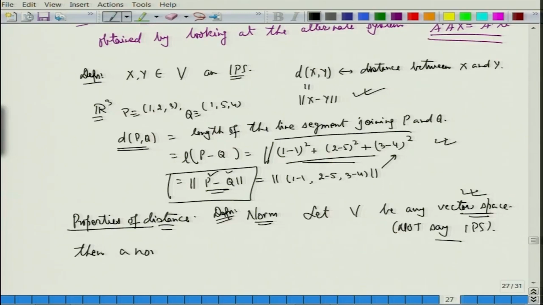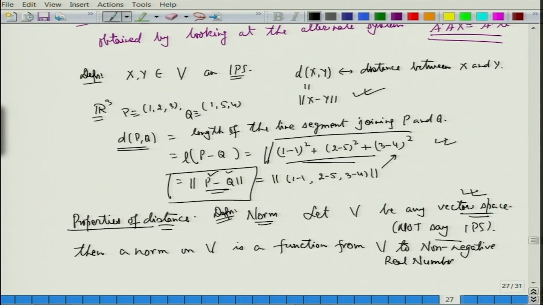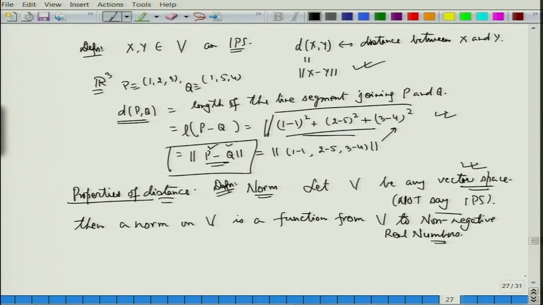Then a norm on V is a function from V to the non-negative real numbers for us. So it is a map from V to R plus union 0, non-negative means 0 is included.